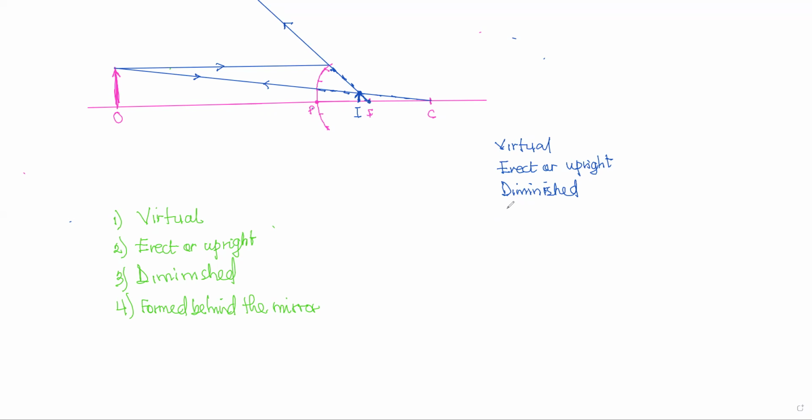It is formed behind the mirror, opposite to the object position. So for a convex mirror, no matter the object position, you get the same characteristics of the image formed.